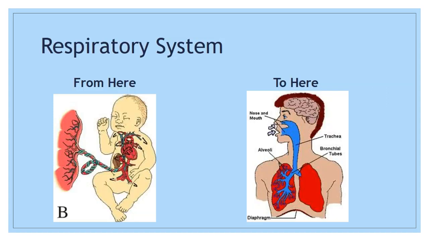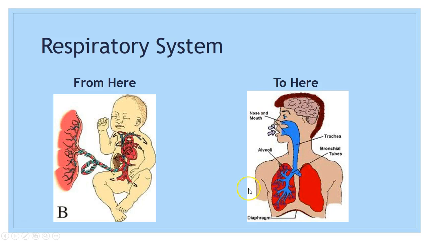So the respiratory system has to go from here to here. So these guys are going from being dependent on the placenta to being able to perfuse and oxygenate the lungs.